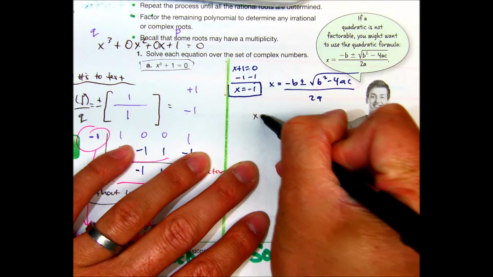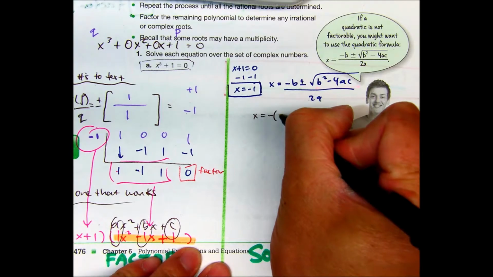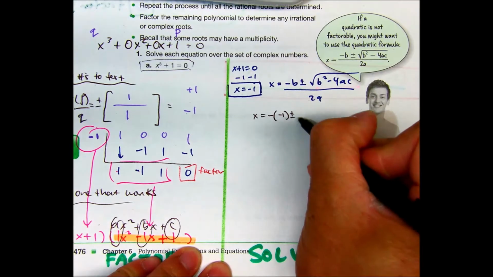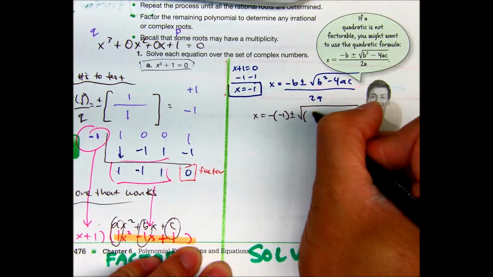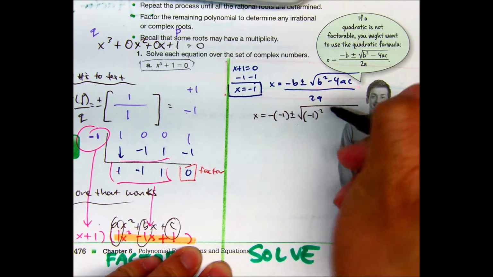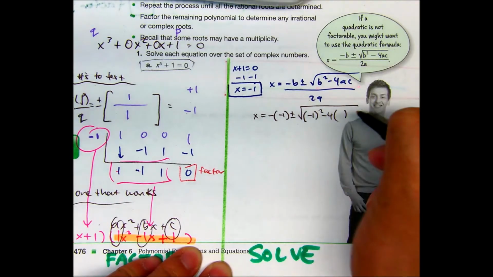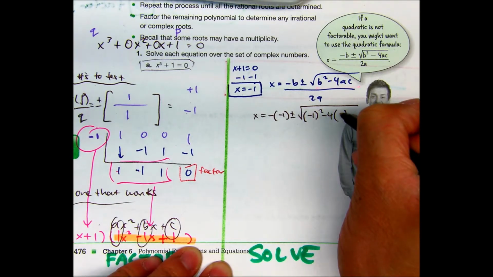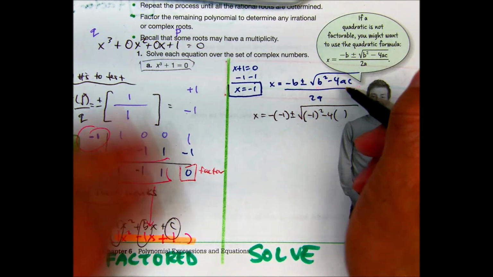X equals, your B value is -1, plus or minus, keep going. Your A value. What is your A value? 1.